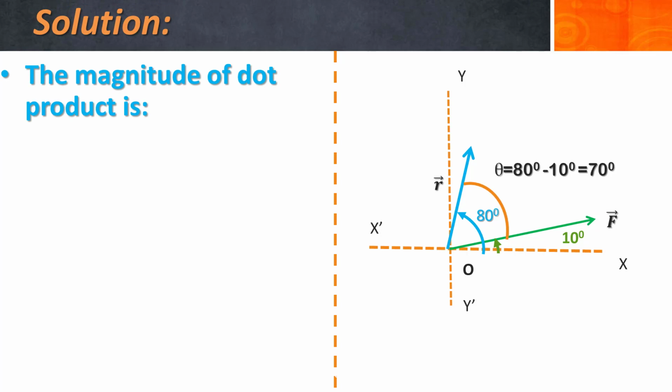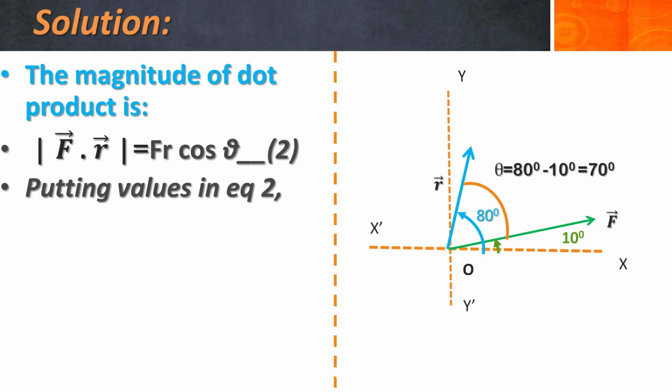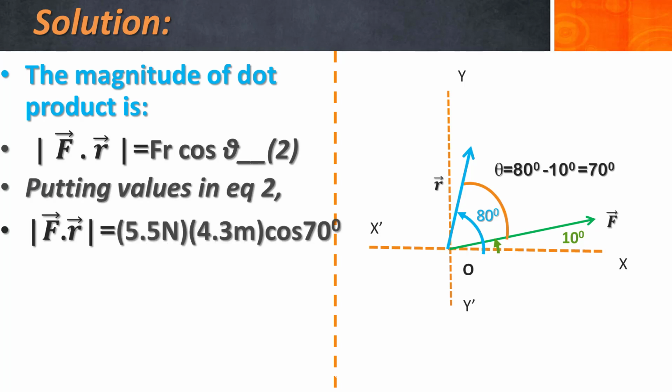The magnitude of the dot product f dot r is equal to fr cos theta. Just a and b are replaced with f and r, nothing else. Putting values in equation number 2, we have f dot r is equal to 5.5 newtons into 4.3 meters into cos of 70 degrees.